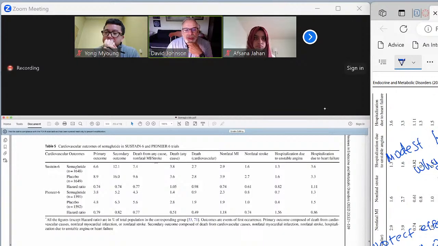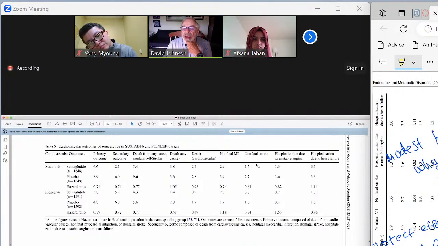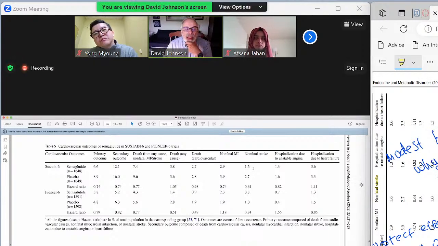You see, there's also effects on stroke. So you can see that there's a higher incidence of stroke in patients on placebo compared with semaglutide.